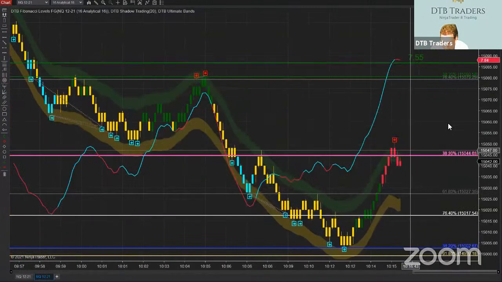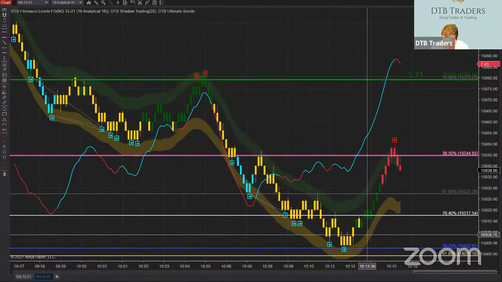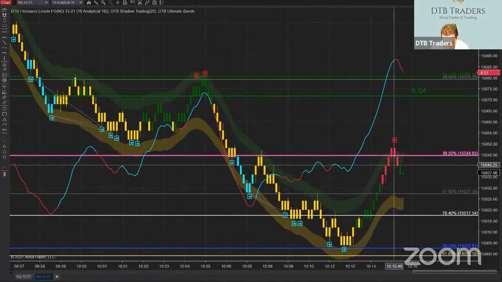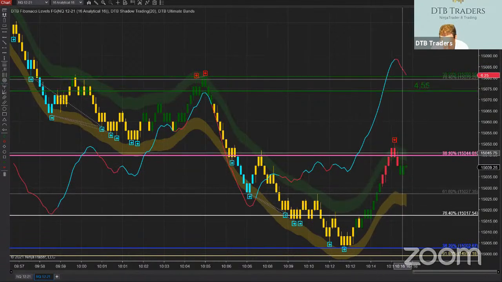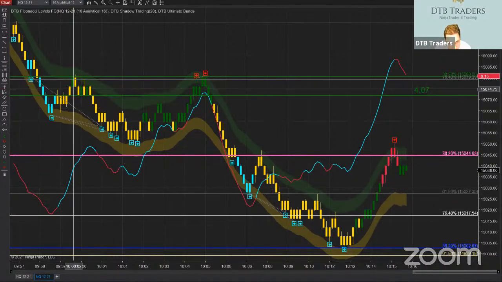And there we've got an arrow at the 38.2. So notice how the price flies between strong Fibonacci levels. It doesn't really hesitate too much. It just runs to those levels, does a little switchback, and runs to the next strong level.